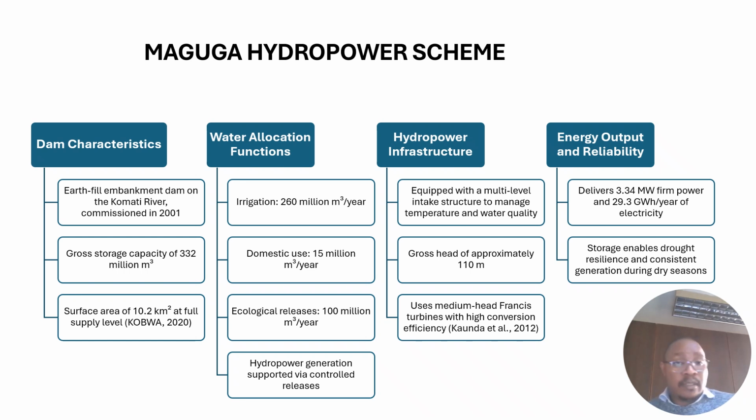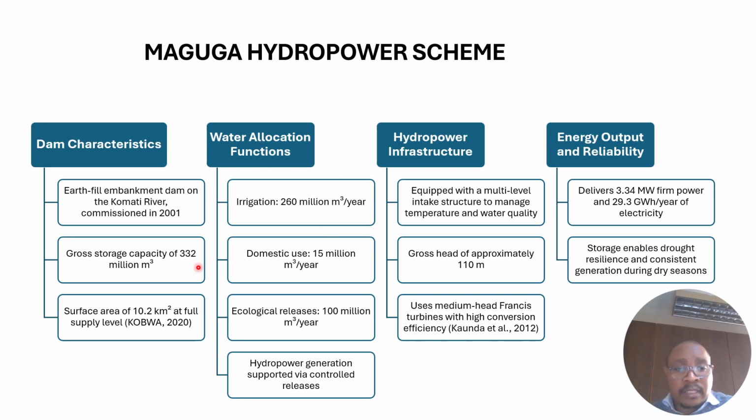And then in terms of the Maguga hydropower scheme: the dam characteristics, the water allocation function, the hydropower infrastructure, the energy output and reliability. The dam itself is an earthfill dam, which was commissioned in 2001, and it holds a gross storage capacity of 332 million cubic meters, and the surface area of the dam at full supply level is about 10.2 square kilometers.